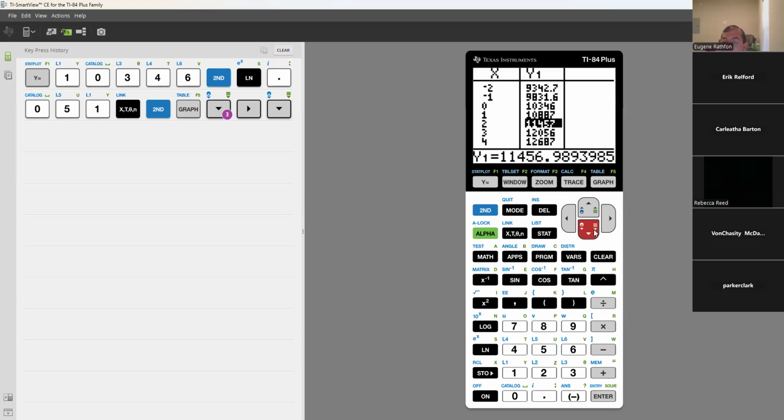So for t equals 5, I need to go down. There's 3, there's 4, and there's 5. So we're all rounding this one off. I got $13,351.12. So my second one had a 5 after it, so that's going to become a .12.